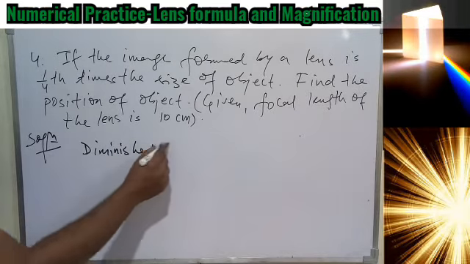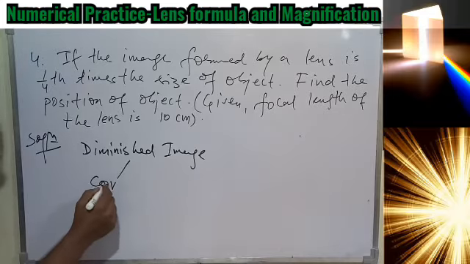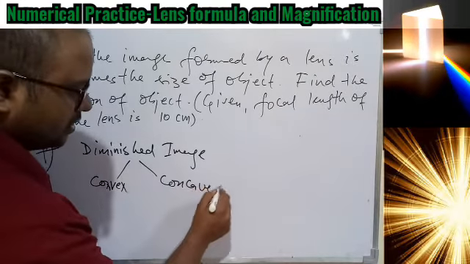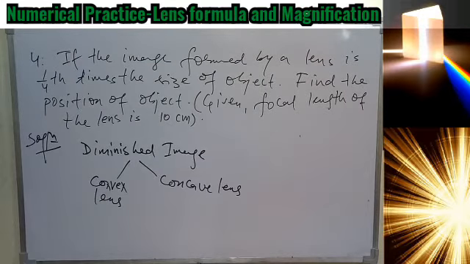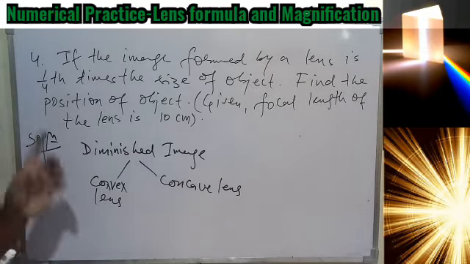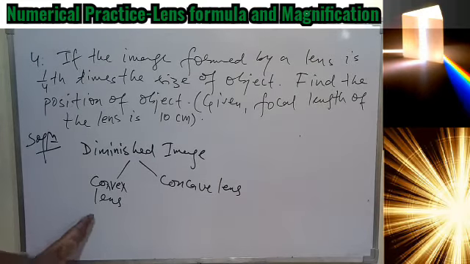A diminished image can be formed by a convex lens also, and can be formed by a concave lens also. So both lenses can form a diminished image, and the type of lens is not specified here. So if it is given that the image is smaller, it is understood that we have to go for both conditions, that is, for convex lens and concave lens.